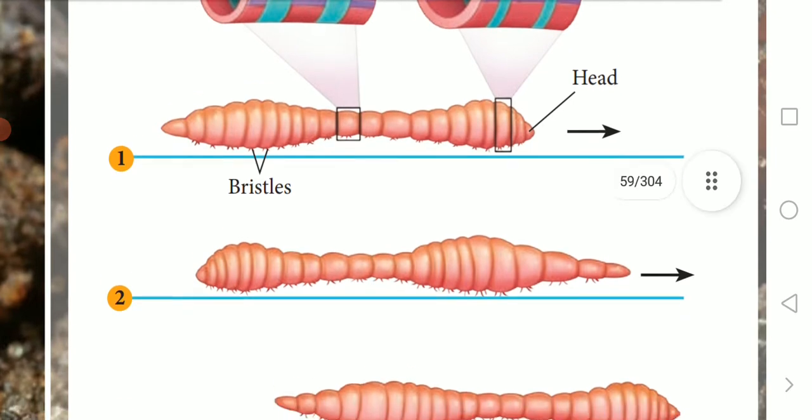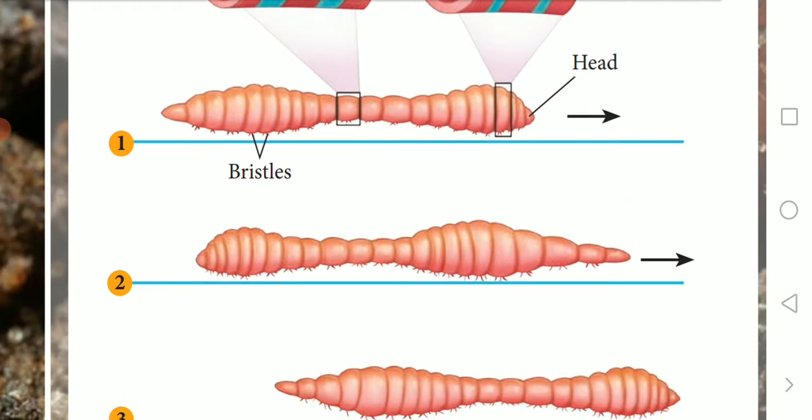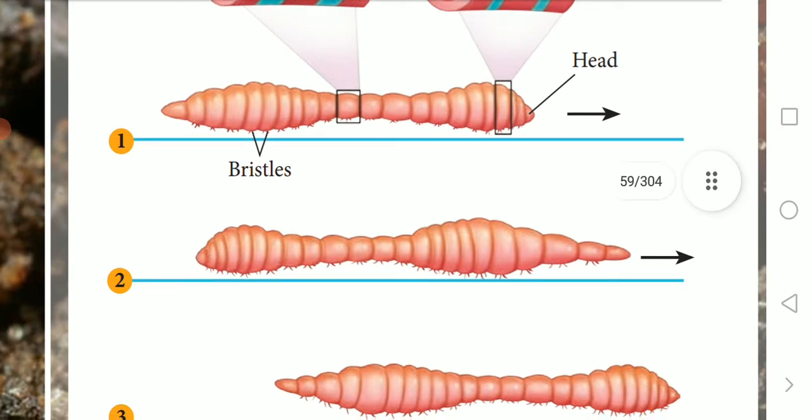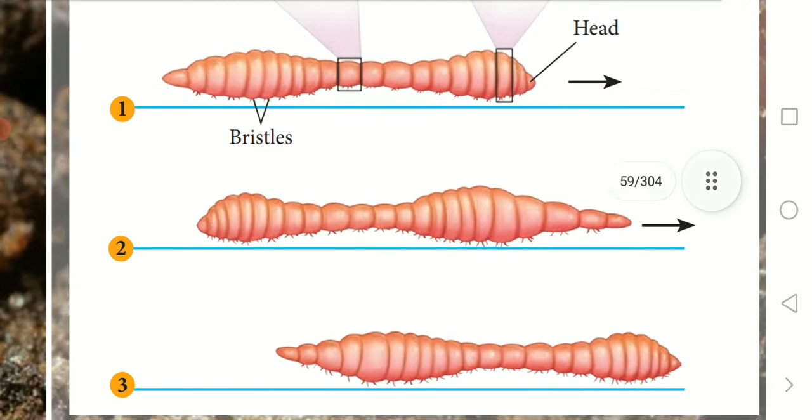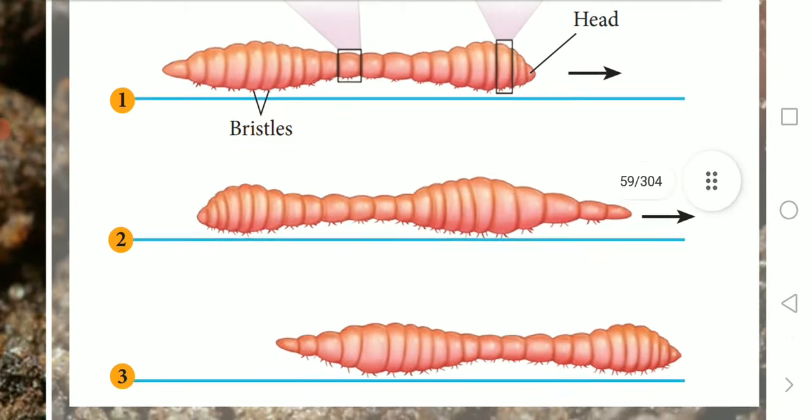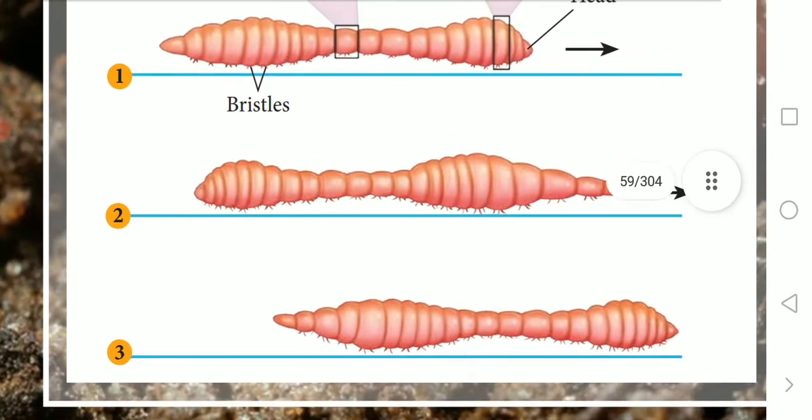The locomotion of the earthworm is brought about by contraction and relaxation of the muscular body wall, and is aided by turgidity of the coelomic fluid, hence called a hydrostatic skeleton.